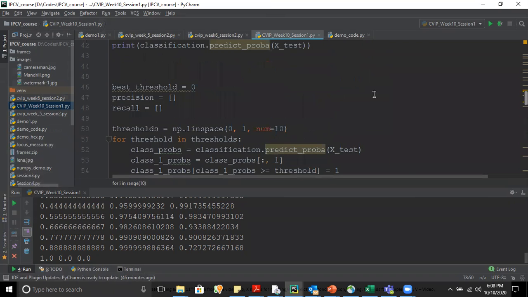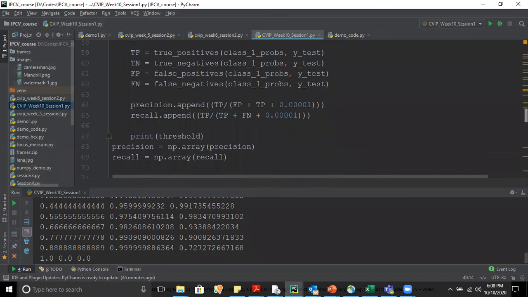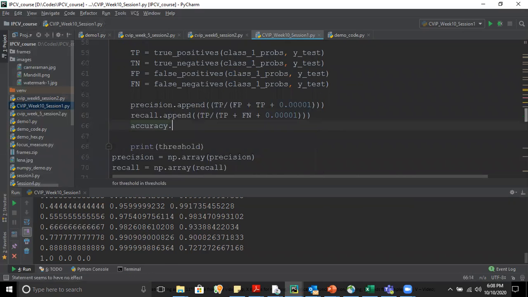Shall we calculate the accuracy also? Can somebody help me with accuracy? What should be the numerator and what should be the denominator? TN plus TP is the numerator, divided by everything: TP plus TN plus FP plus FN.